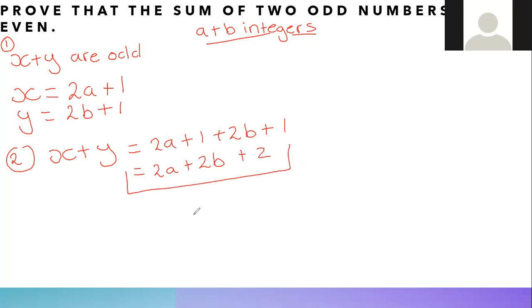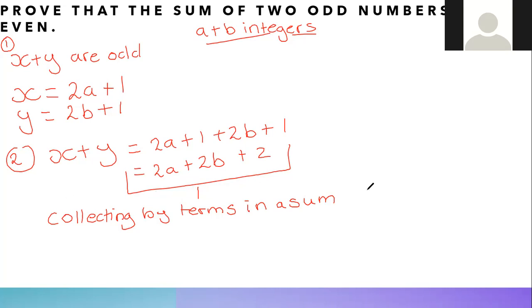By collecting terms, what we've done is actually a really important step in proof. By collecting terms in a sum, this is known to always be true, so it's a valid step in proof. If we can collect our terms in a sum, we are proving this is always true. So we're saying 2a plus 1 plus 2b plus 1 is 2a plus 2b plus 2.